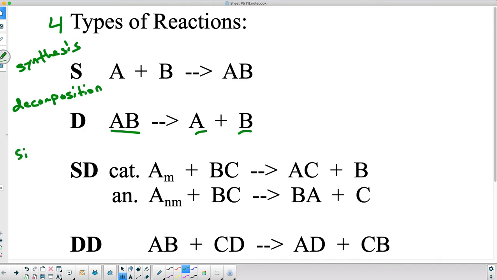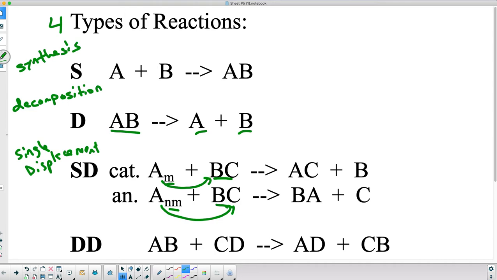We have a single displacement. Single displacement is when I take either an element, a non-metal or a metal, either a metal or a non-metal, and add to the compound, and it switches places with either the positive part or the negative part of the compound. Either it's a cationic where it replaces the cation, or it's anionic where it replaces the anion.